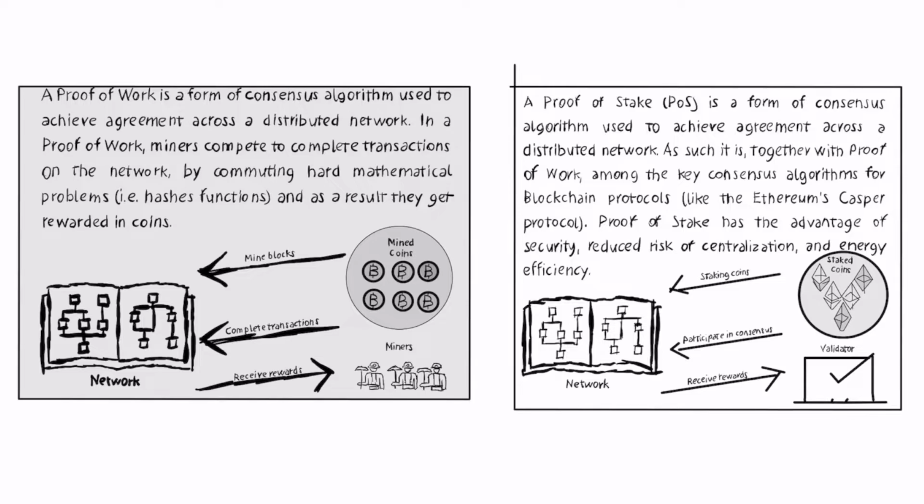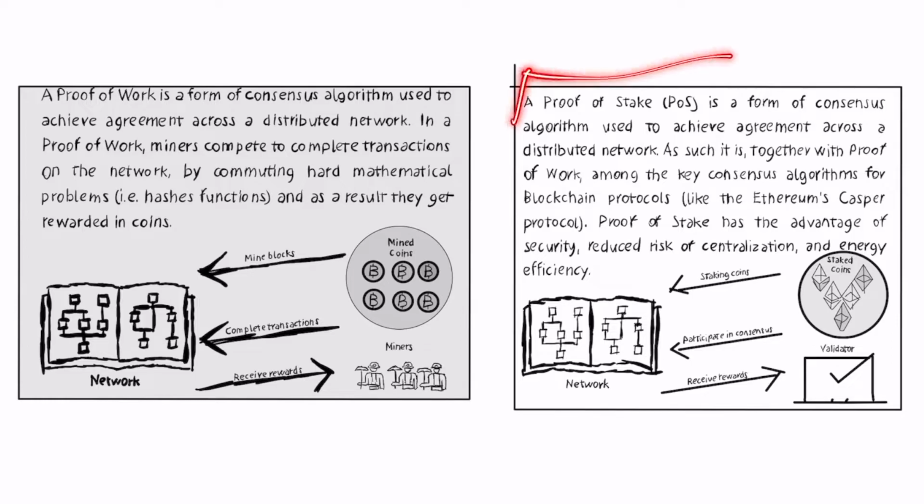The miners compete in solving those mathematical problems in order to validate and verify the transactions that happen on top of the blockchain. And that's how you secure the blocks, and that's how the blockchain moves forward.